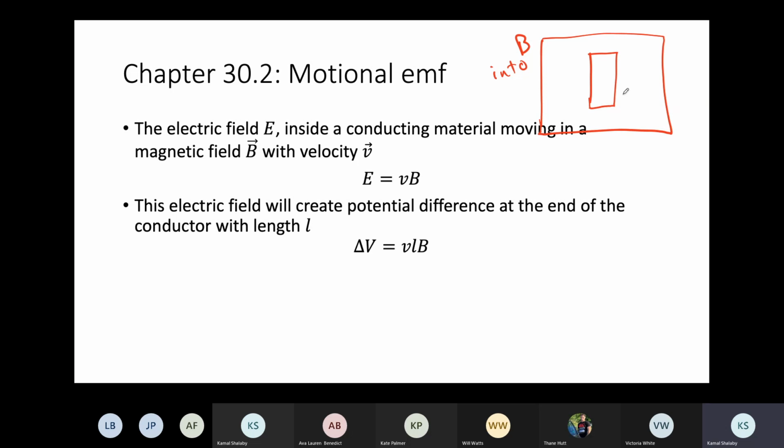And this bar, this conducting material, is moving with a velocity V.